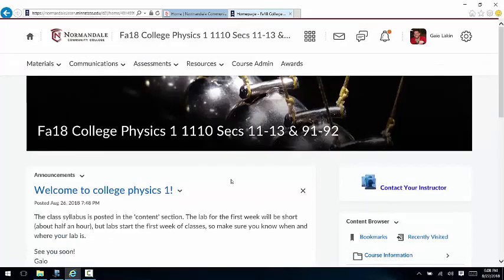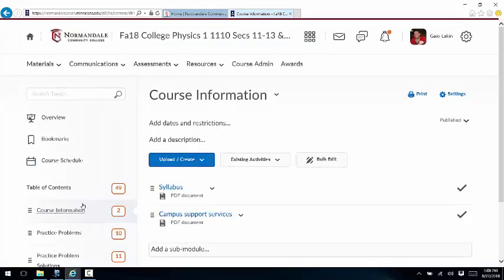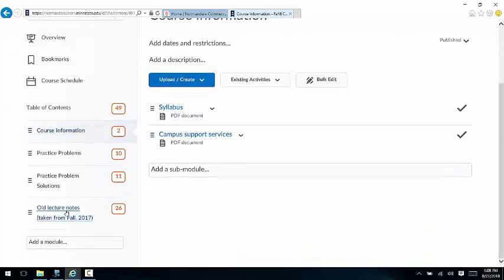And then the materials themselves that we'll use, go to Materials, Content, and there are a few categories in there. One of them is old lecture notes. So these are the lecture notes from fall of last year.